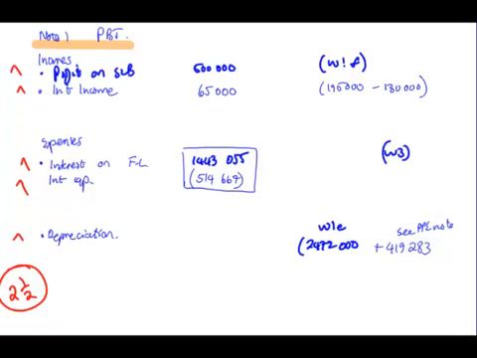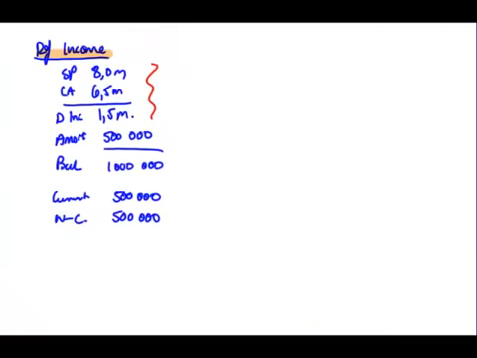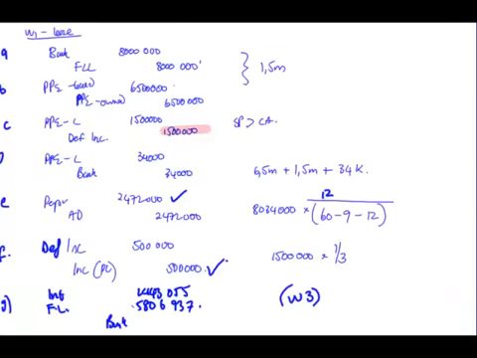Then as far as the calculations are concerned, the profit on sale and leaseback, that's a reference to working 1F. If we go to working 1F, we will see that it's the deferred income. And if you remember correctly, the deferred income was the selling price minus the carrying amount, and that was times 1 over 3 years.